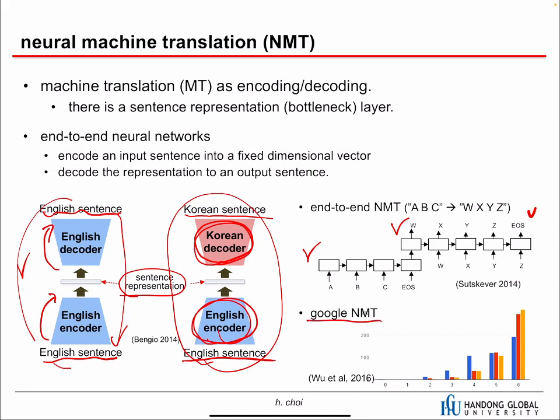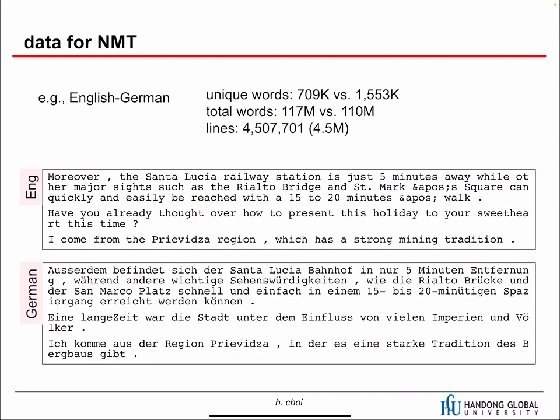And this Google NMT was based on the attention mechanism, and they evaluated their translation system compared to human translators. Based on their experiment, Google Translator is almost the same as a human translator. There's one thing that I want to point out. When we build a neural machine translation system, we don't need linguistic knowledge.